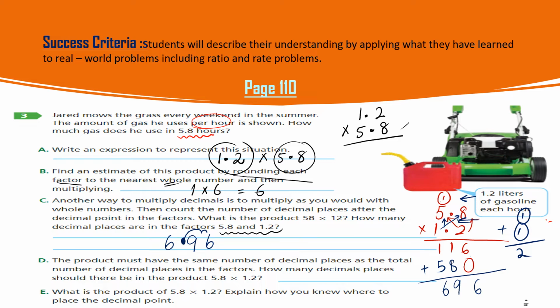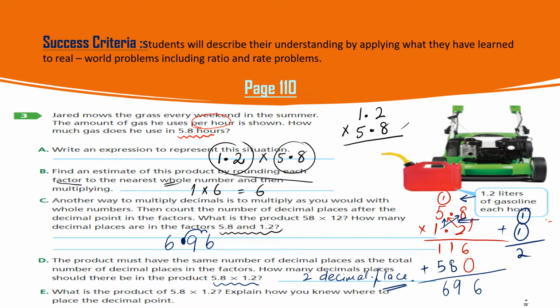The product must have the same number of decimal places as the total number of decimal places in the factors. How many decimal places should there be in the product? There will be 2 decimal places, right? In the first number, there is 1 decimal place. In the second number, there is another decimal place. So 1 plus 1, 2 decimal places. What is the product?